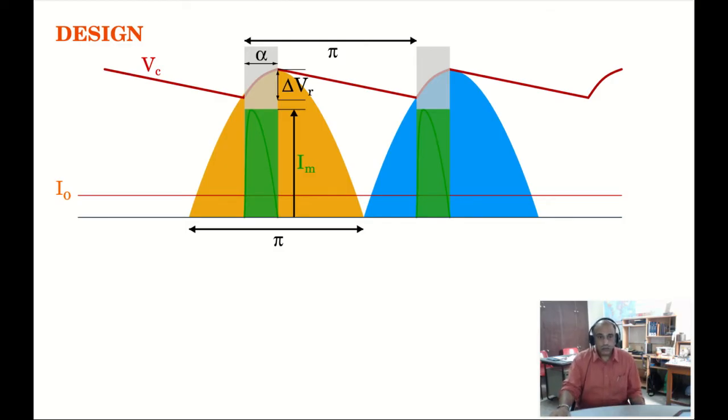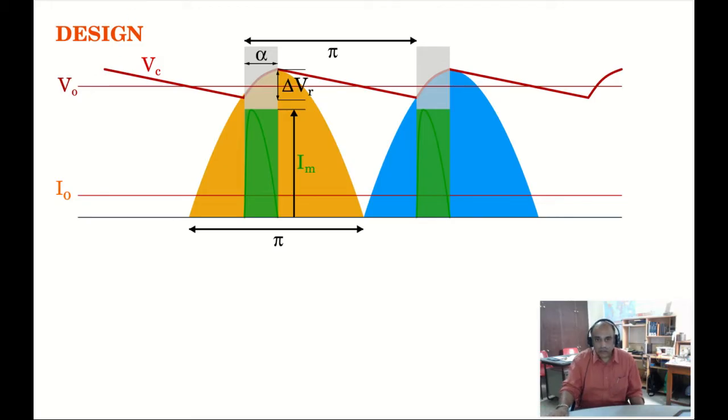So now we shall define one more variable called V naught. V naught is the average value of the output voltage Vc, which you see at the capacitance node. If this is the peak value and this is the minimum value of the ripple, this plus this divided by 2, the average value, will be V naught.